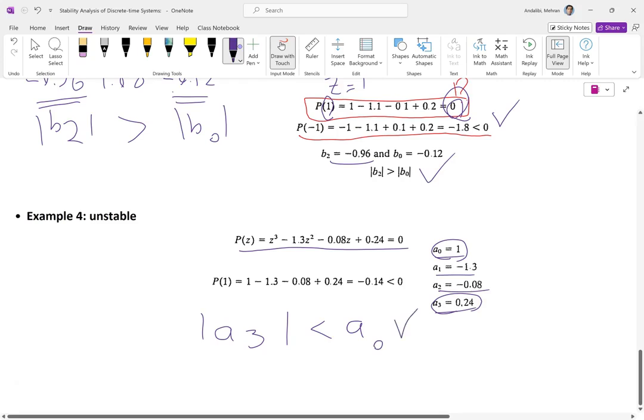This condition is satisfied. So now you go for p of 1, plug in 1 in this, and you get negative. Negative means 1 is not a root, and it is going to have a root outside the unit circle.